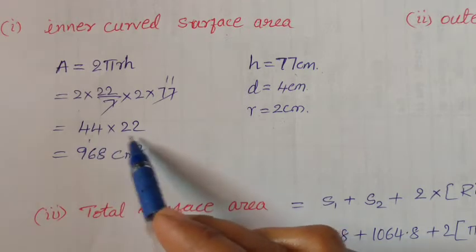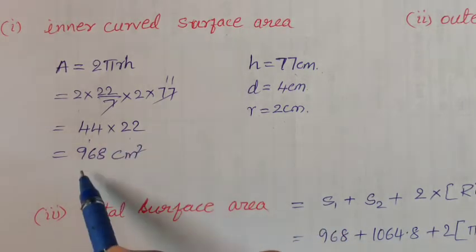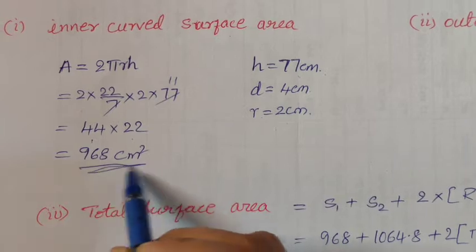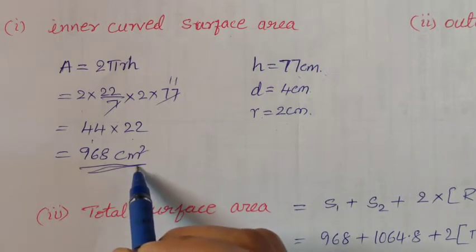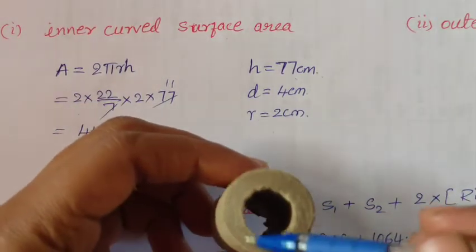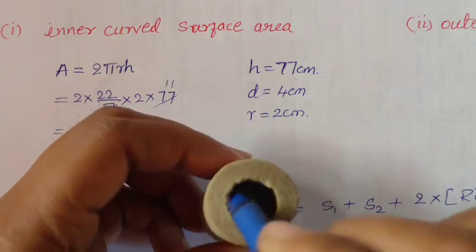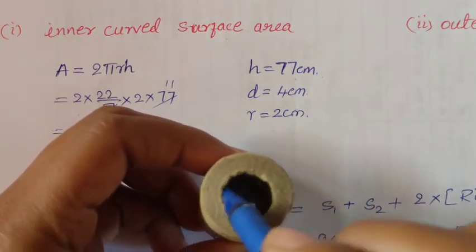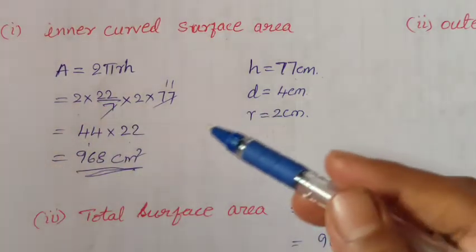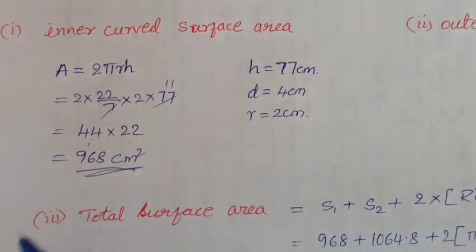Now multiply 44 into 22, we get 968 centimeter square. So the inner curved surface area of this metal pipe is 968 centimeter square.